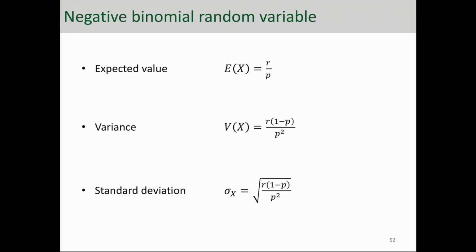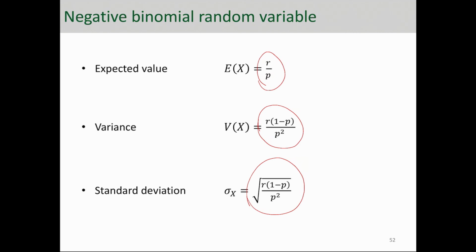Hello everyone. In this video we're going to continue talking about negative binomial random variable, and here we are looking at the expected value, variance, and standard deviation of negative binomial. And as you can see, all these formulas are functions of r and p.